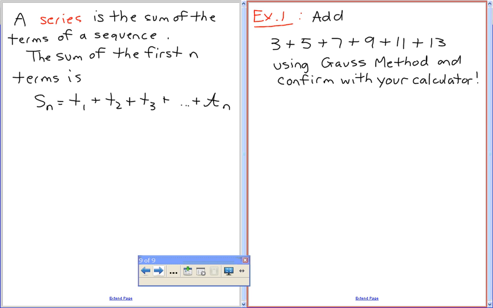When I say confirm with your calculator, I mean we're going to add 3 plus 5 plus 7 plus 9 plus 11 plus 13. Okay, and figure out what the answer is.